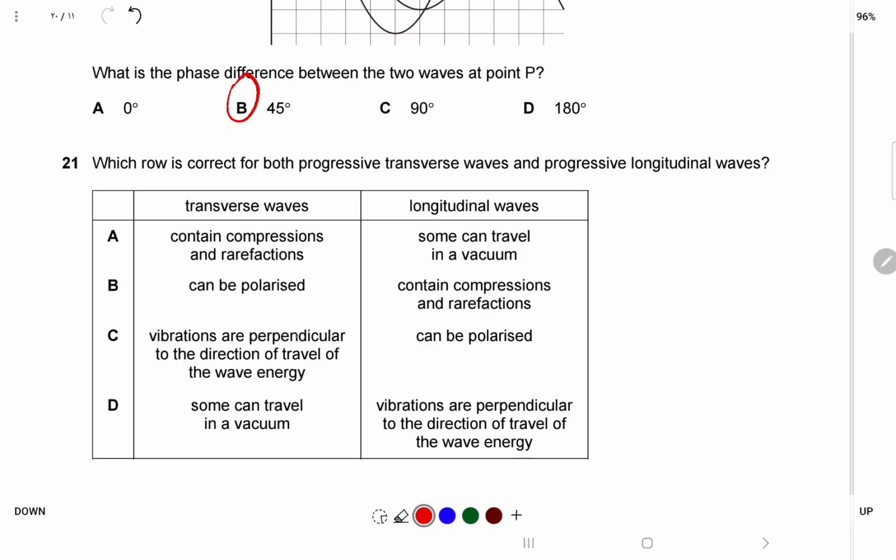And transverse waves can be polarized, while longitudinal waves cannot be polarized. So here, option B is the correct answer. Can be polarized: this is transverse waves. Longitudinal waves contain compressions and rarefactions, while transverse do not.